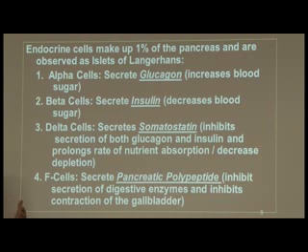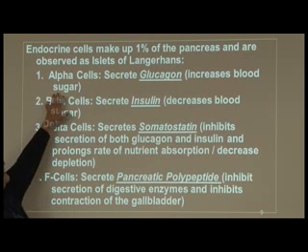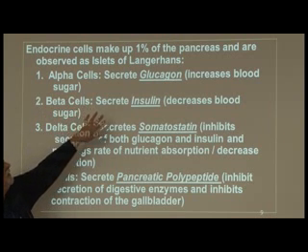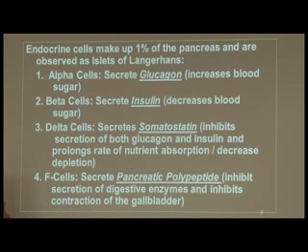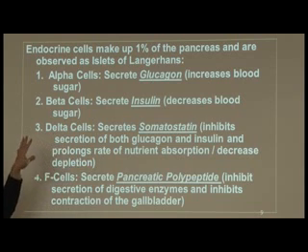particularly of our brain and myocardium, we'll have alpha cells secrete glucagon. Glucagon is going to cause the liver and skeletal muscle to release stores of sugar from glycogen and return the sugar back to our blood. So basically the general trend for glucagon is to increase blood sugar level.